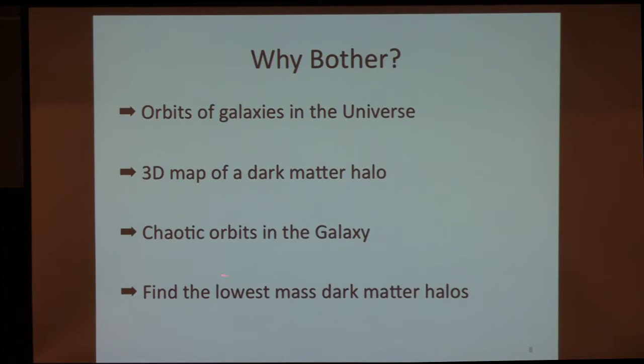I also want to talk about how you can actually measure orbit structure and find signatures of chaotic orbits in the galaxy and regular orbits in our galaxy. And the last one I really wasn't going to put in, but I thought this audience might be particularly interested in how you can find the lowest mass dark matter halos, the ones that don't contain stars.